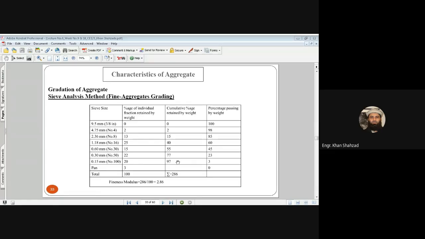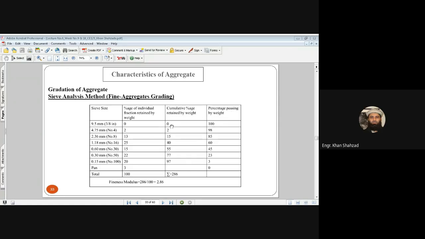Yes Arif Wazir beta. Sir, 77 plus 20 is 97. Yeah, we have 97. Why don't we have 100 at the end? Sir, the 3 which is in the pan has been added. Exactly, 3 is over here. Now let's calculate the percentage passing by weight.